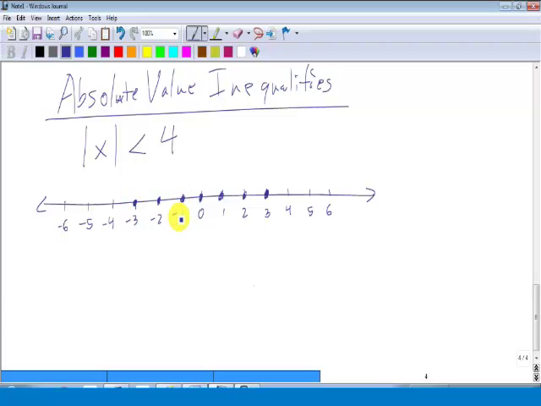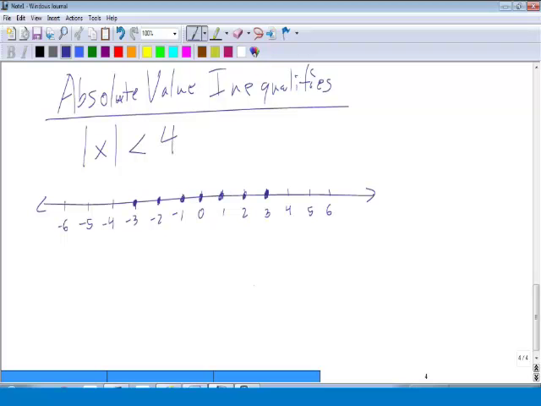Negative 1 has an absolute value of 1, and that's less than 4. Okay. Any other integers? No more integers. We can't go 4 or negative 4 because we don't have the or equal to bar. We certainly don't want to go 5 or negative 5 because they're too far from 0, right? Too far from 0 to have absolute value less than 4.